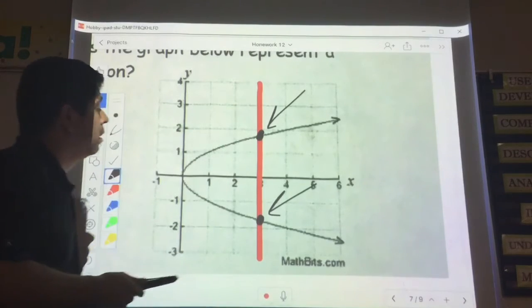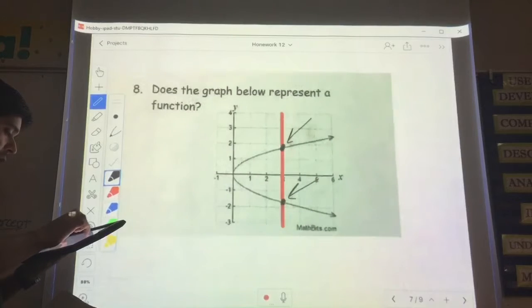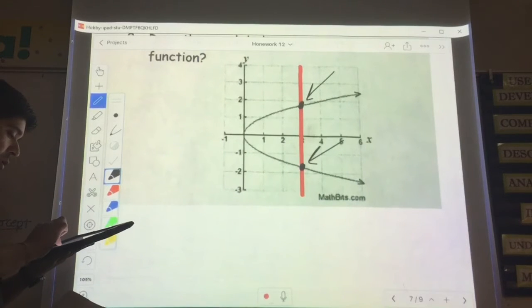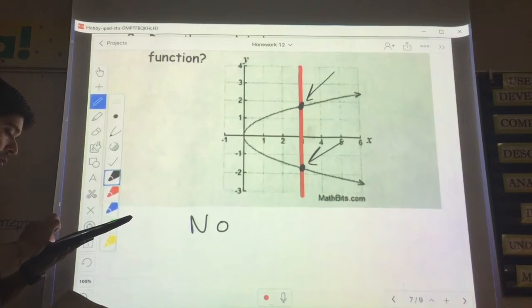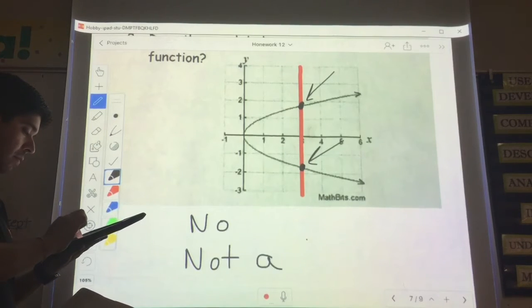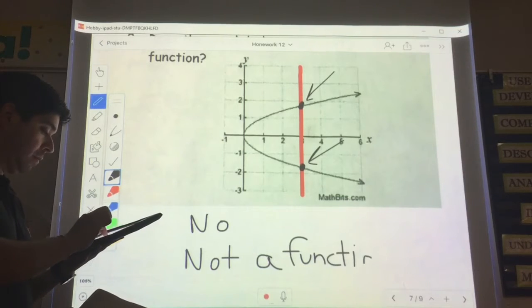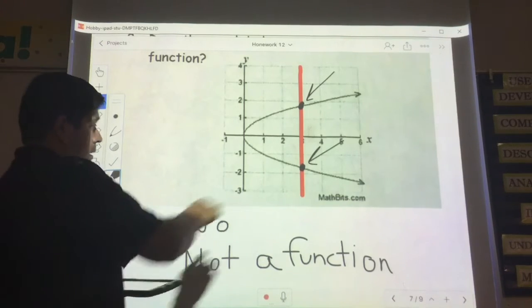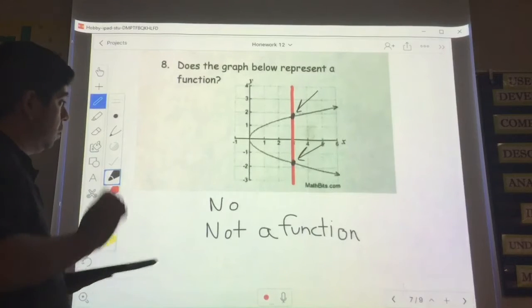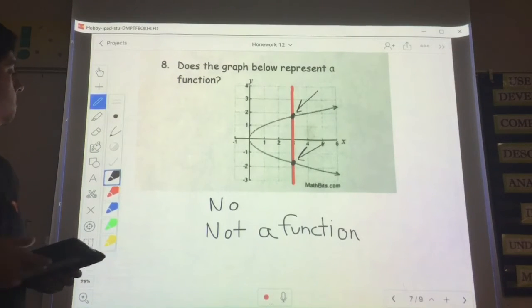It can't do that. So this one's not a function. If you put no or not a function, you're good. That was easy. Hopefully you remember that.